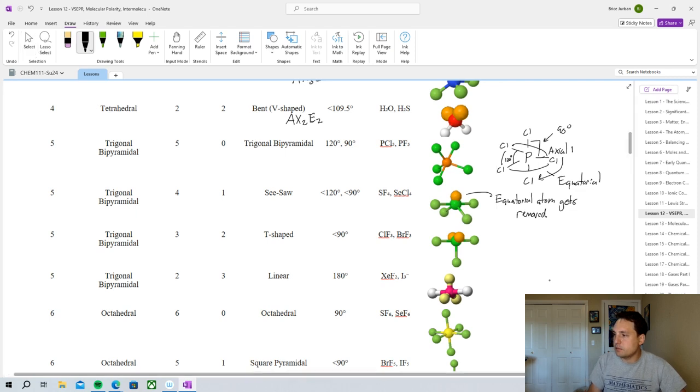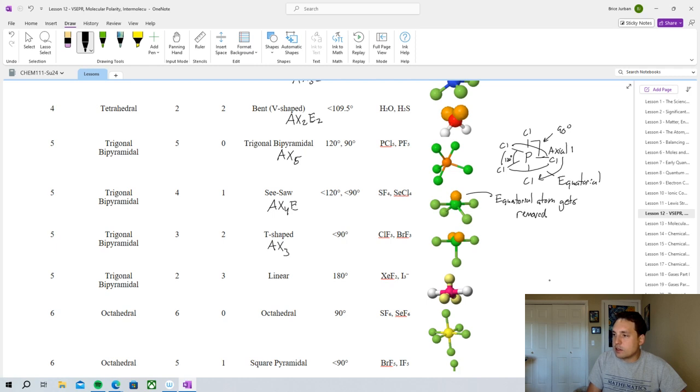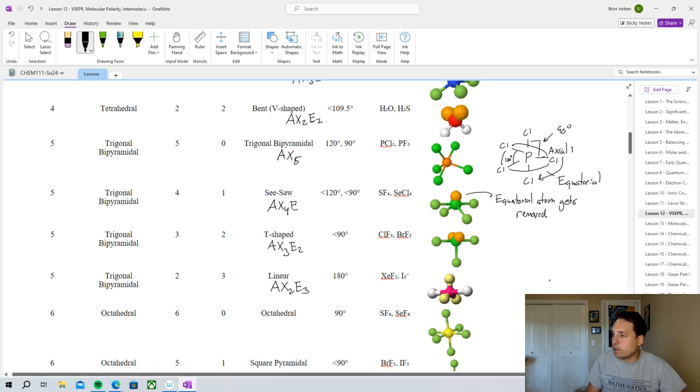So I actually found this picture on Wikipedia that shows that. Okay, so the notations here: this one is AX5, this one is AX4E, T-shaped is AX3E2, and then linear is AX2E3.